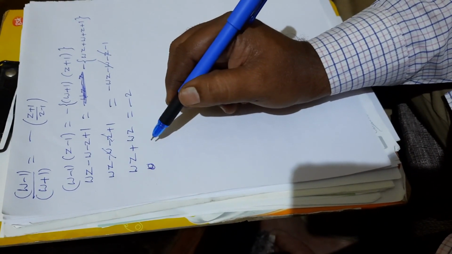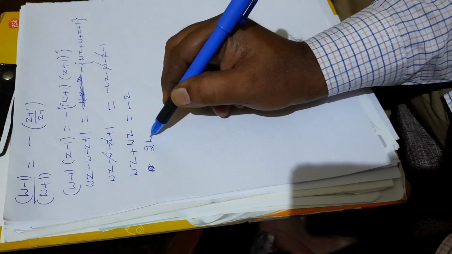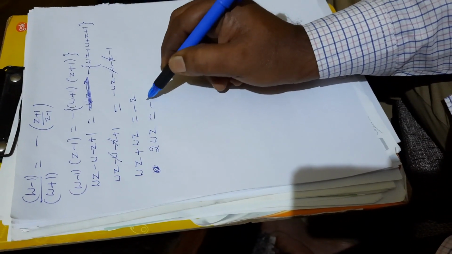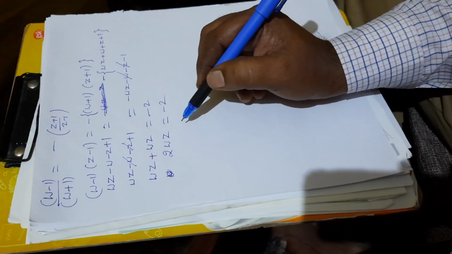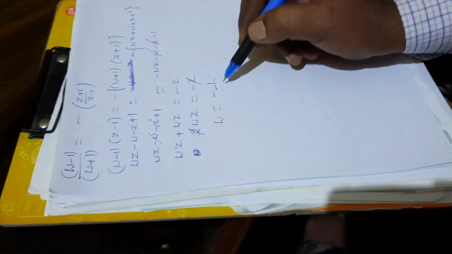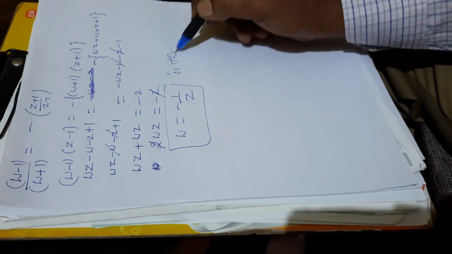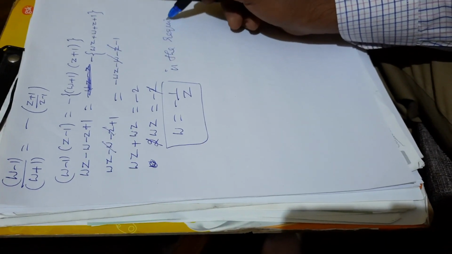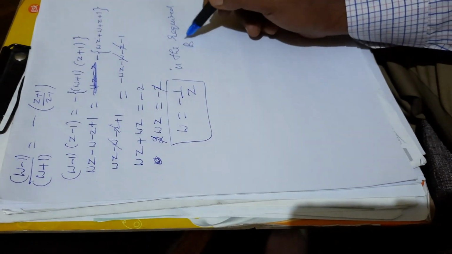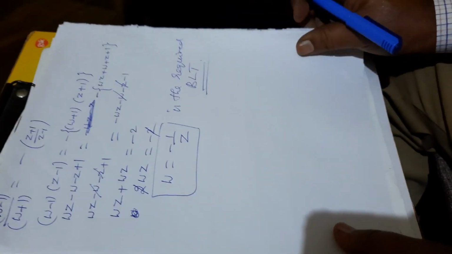Here WZ plus WZ is 2WZ equals minus 2. W equals minus 1 by Z is the required BLT, bilinear transformation. This is the solution of this problem.